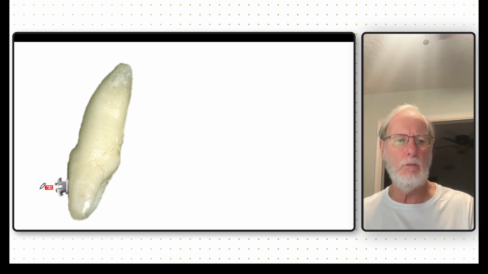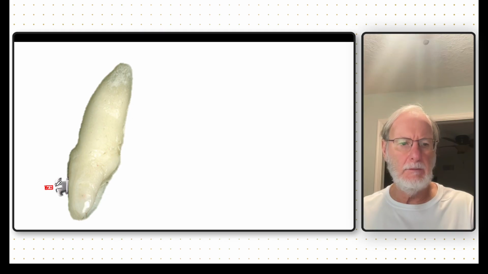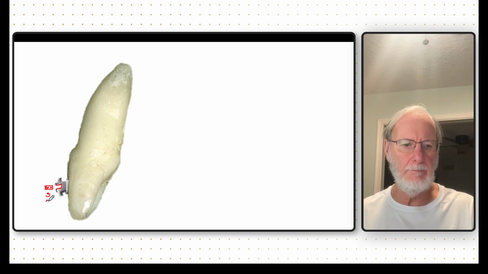using a rectangular wire on this bracket slot, which is slightly angulated, we'll need to activate the wire this way.